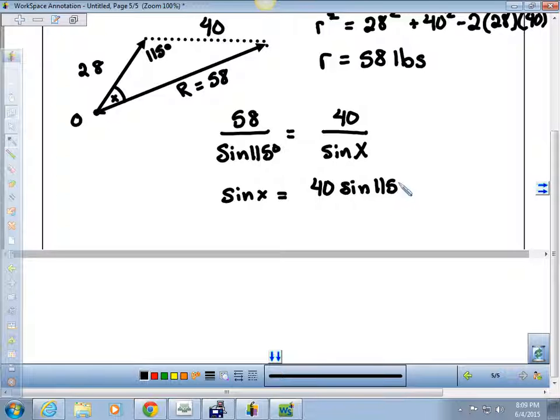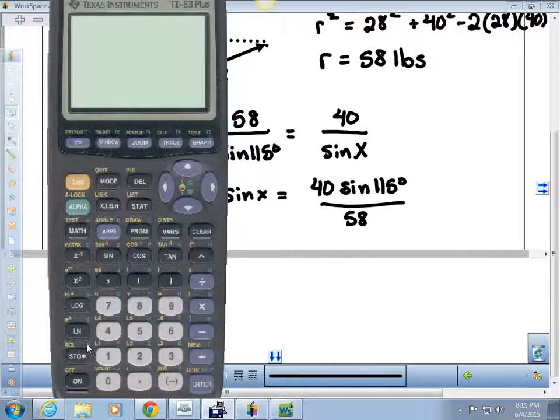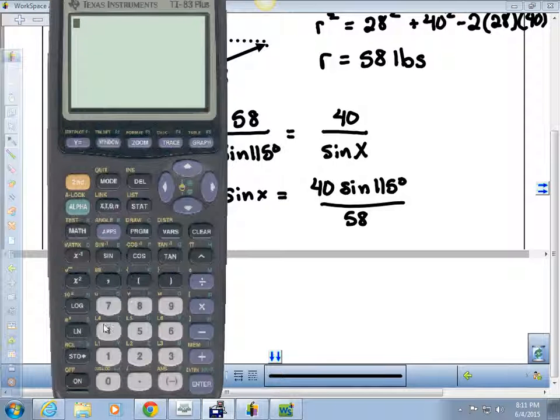Sine 115 degrees divided by 58. I'll do that one. We want to make sure we're in what mode? Yep, we want to make sure we're in degrees. So 40 sine 115, divide that by 58. Can that work?